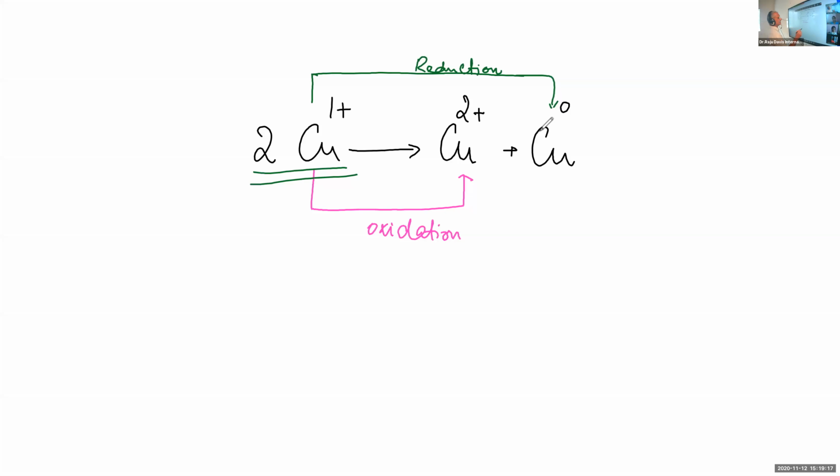Such a change is called disproportionation. Disproportionation reaction. That is a simultaneous oxidation and reduction for the same substance.